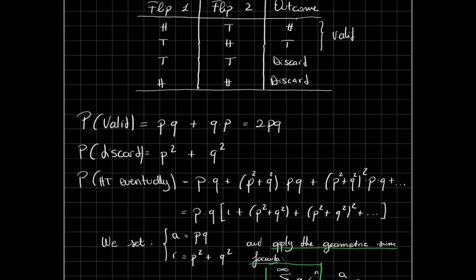Now, we see that if we factor out this element, it's clear that we are dealing with a geometric series. So, we apply the geometric sum formula to express this in a clearer way.